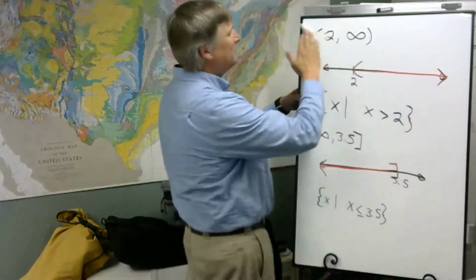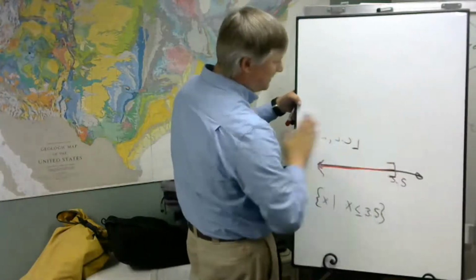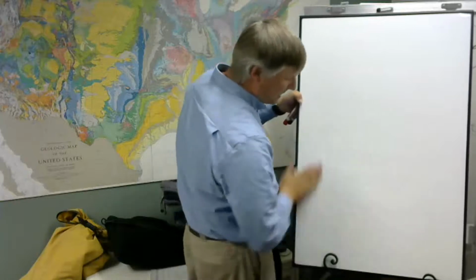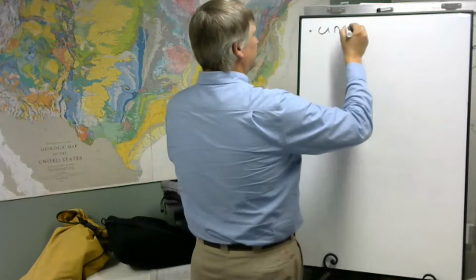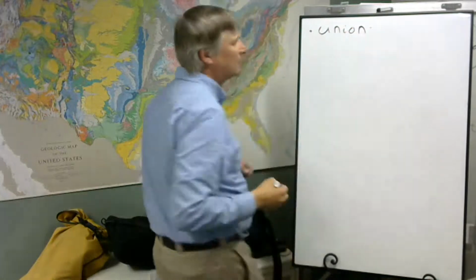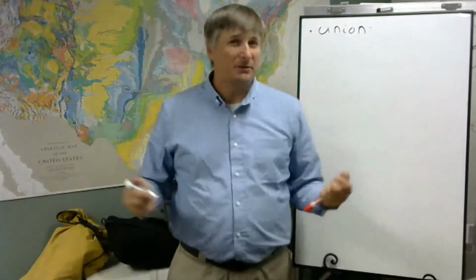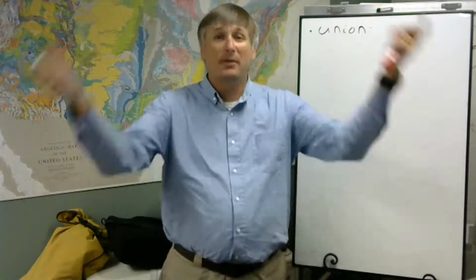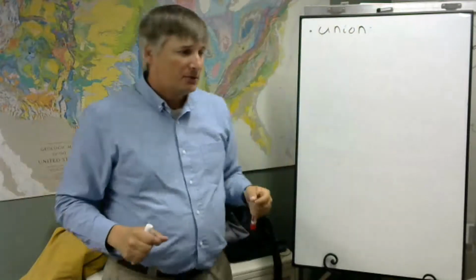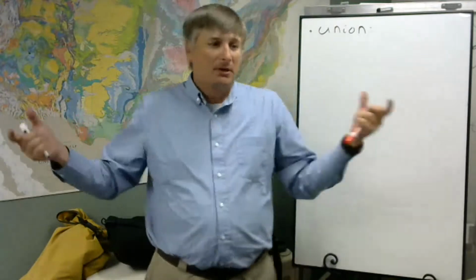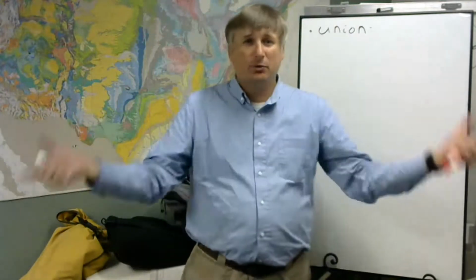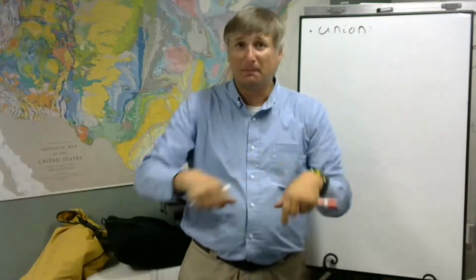All right. Now, some of these get a little more complicated. And we need to talk about what's called intersection and union. And these are things we do as sets. So first off, union. When we union two sets, that means we take the elements of those sets and put them together into one set. So if you have a shoebox full of marbles and a shoebox full of stamps, when we take the union of the two shoeboxes, we're going to put them all in the same collection.